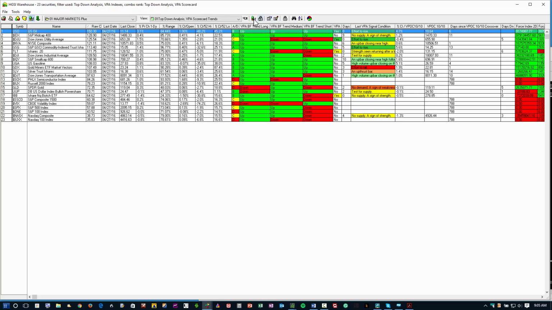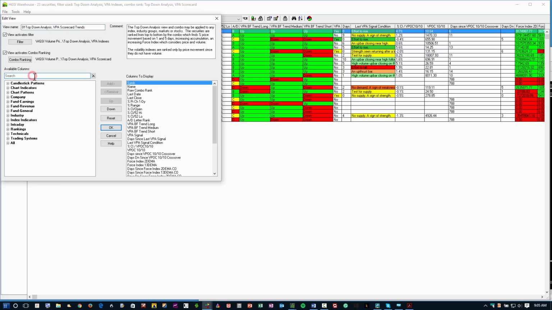The fields that are going to be available to you are volume at price, the percent close divided by the volume point of control 10-10, the days down since the volume point of control crossover, and the days since, or the days up essentially, and then the volume point of control 10-10 is the actual number, and this is a percentage away from the 10 period point of control.